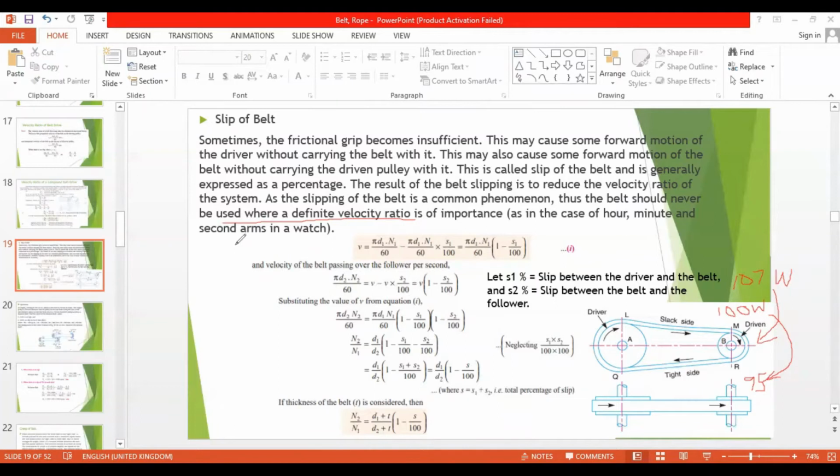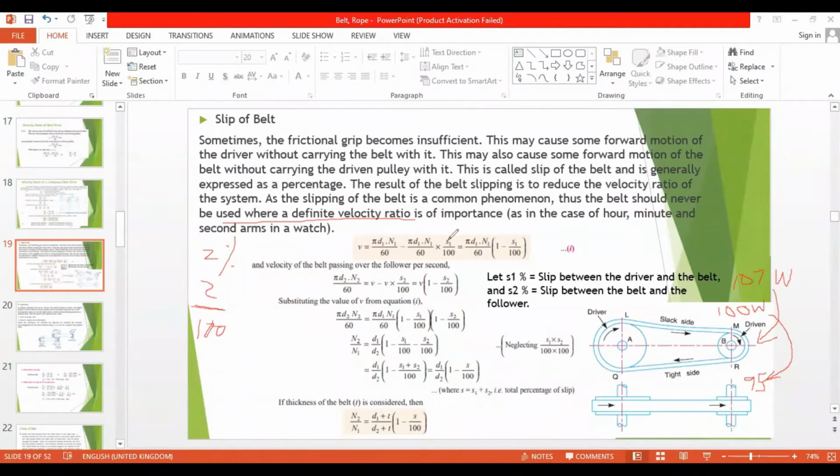Now we'll come to the equation: how to accommodate this slip. The velocity V, as I told you already, is pi d1 n1 upon 60 for the driver, and pi d2 n2 upon 60 for the driven. If there is slip, it can be expressed as a percentage. A percentage is that amount upon 100, so 2% is 2 upon 100. If S percent is the slip, S by 100 is the slip amount.